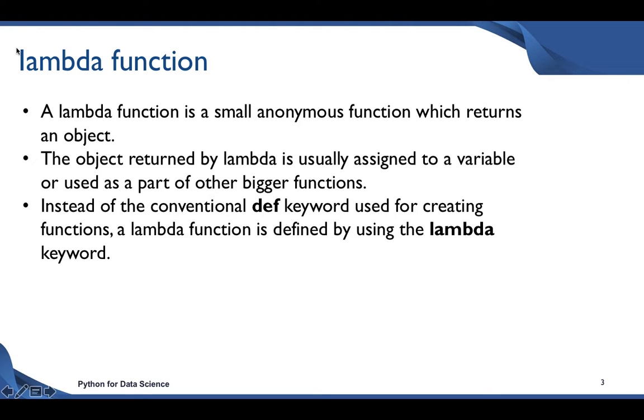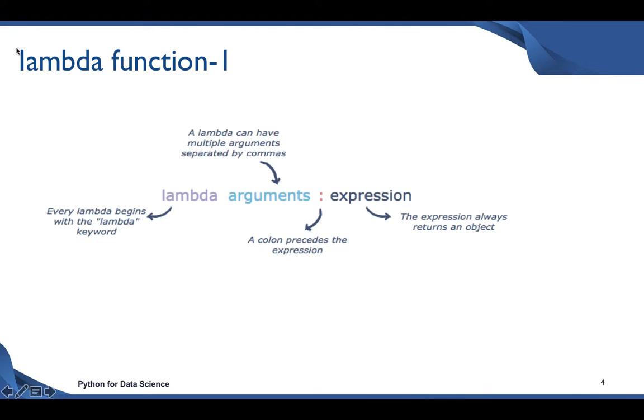But in some cases we need lambda functions to operate on a list or an iterable, so that's why we are using the lambda function, and the difference is that it starts with the lambda keyword. The traditional function starts with the def keyword and here it starts with the lambda keyword. So as I already told you, it begins with the lambda keyword followed by the arguments.